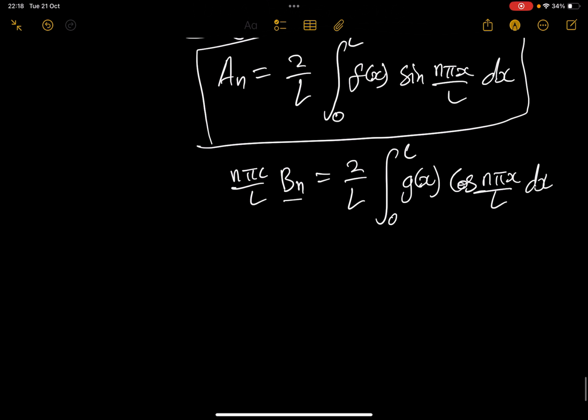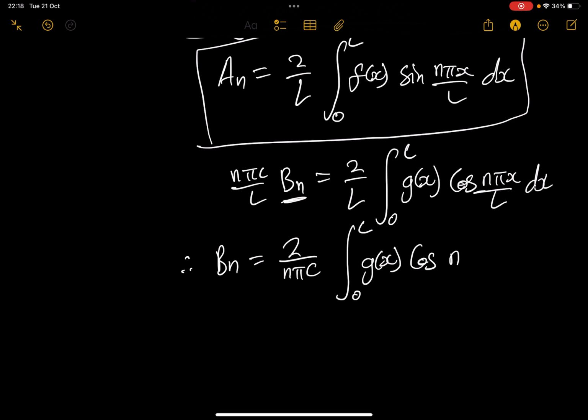And then if you make bn the subject of the formula, your bn is going to be 2 over n pi c, the integral from 0 to L, g of x cos n pi x over L dx.